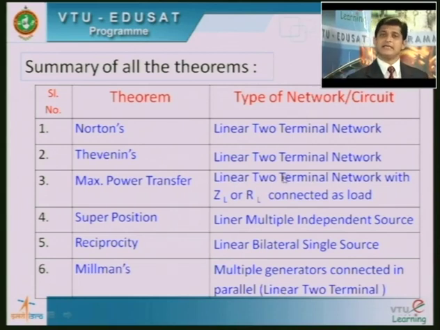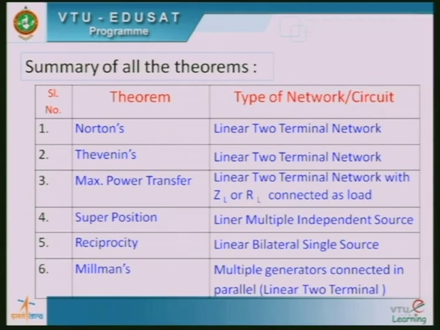All the networks that we are considering have something in common: they are all similar because we are considering linear networks. So this is what we have seen all through when we were dealing with the theorems.